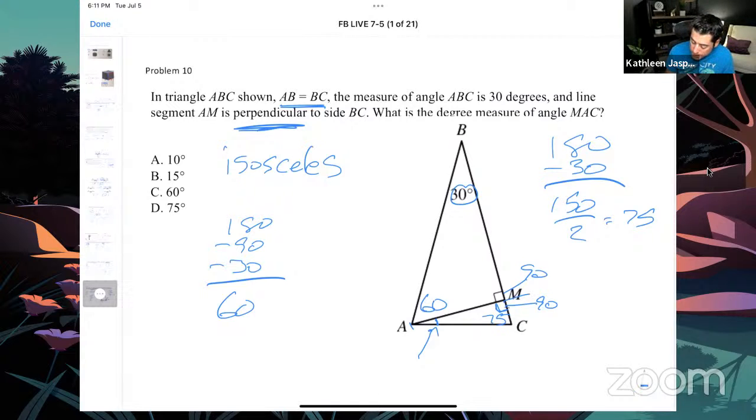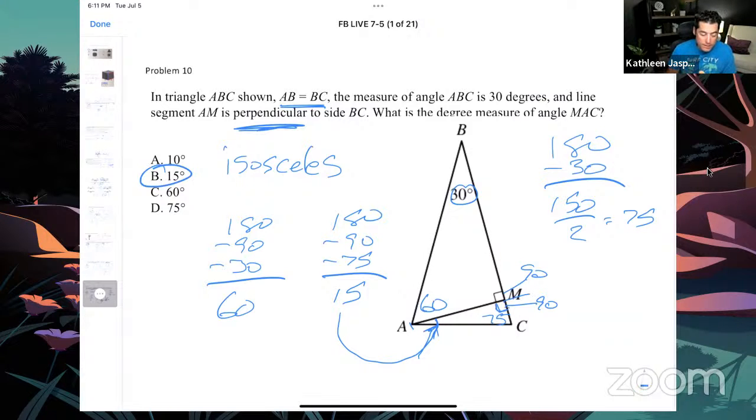I have 90 and I have 75 here. So what I'm going to do is 180 minus 90 minus 75. And that gives me 15. So 15 belongs right there in that angle that we were looking for all along. And B is the correct answer.